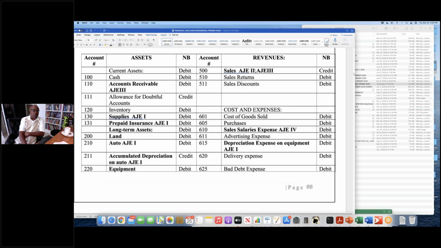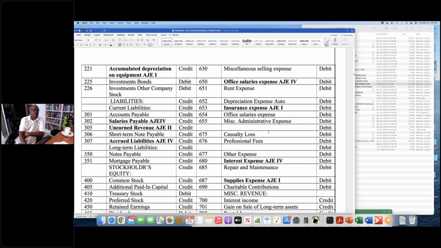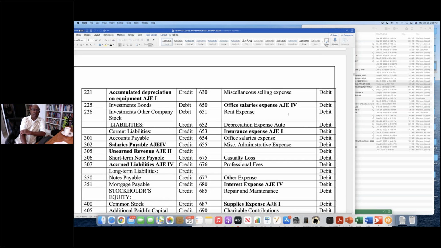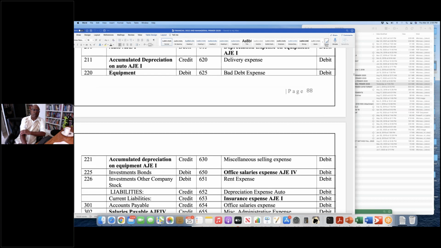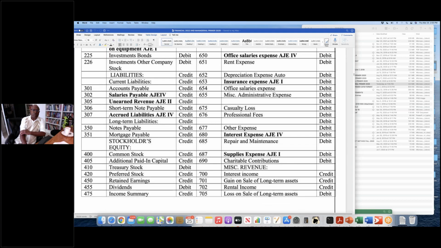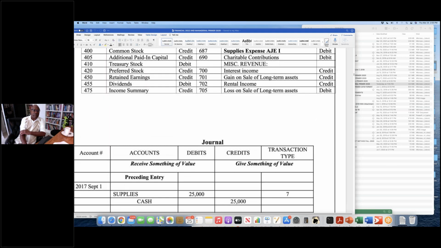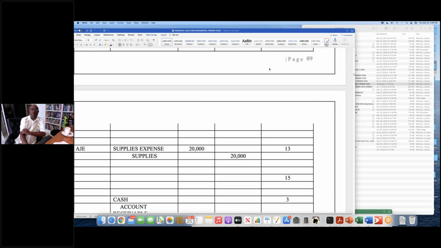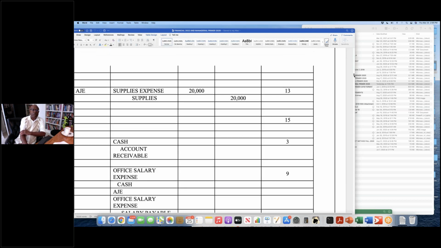If it's a type 4, you're going to be crediting salaries payable or other accrued liabilities. Salaries is the big one, but it could be any accrued liabilities, interest payable, whatever. And you're debiting office salaries, you're debiting sales salaries, or whatever. Okay, let's see if we can find some problems to work.